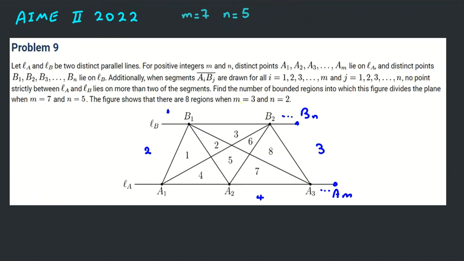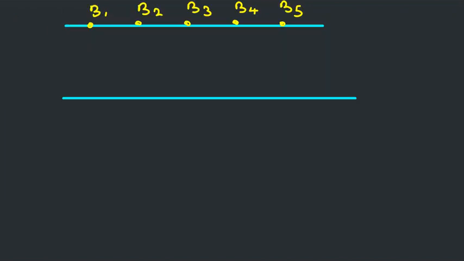On top we have B1, B2, B3, B4, and B5, and since n is 5, A1 to A7 on the bottom: A1, A2, A3, A4, A5, A6, A7.